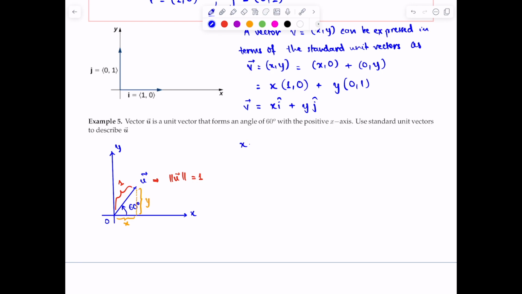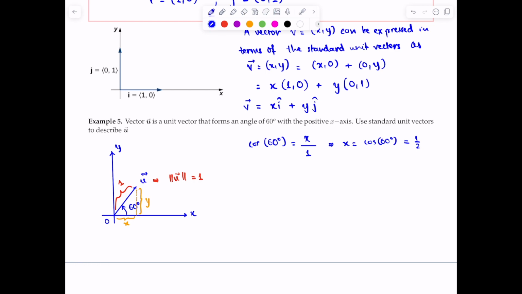So x is the adjacent side of the angle 60 degrees, so cosine of 60 degrees is equal to the adjacent x over the hypotenuse, and that is equal to x over 1. So therefore x is equal to cosine of 60 degrees, and that is equal to 1/2.